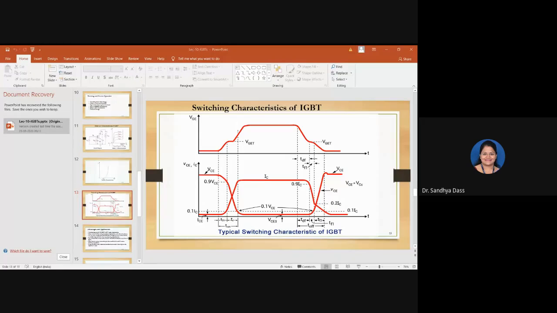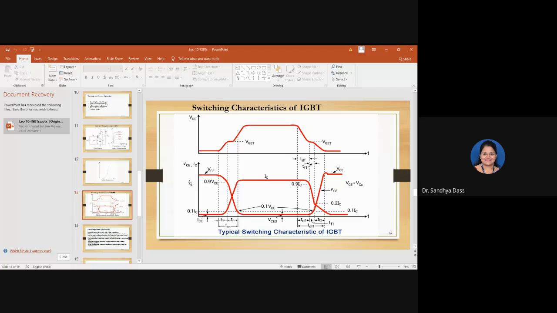Can anyone volunteer and explain? Unmute yourself and explain. If you have problem in understanding that, please let me know. What is that you are not able to interpret?